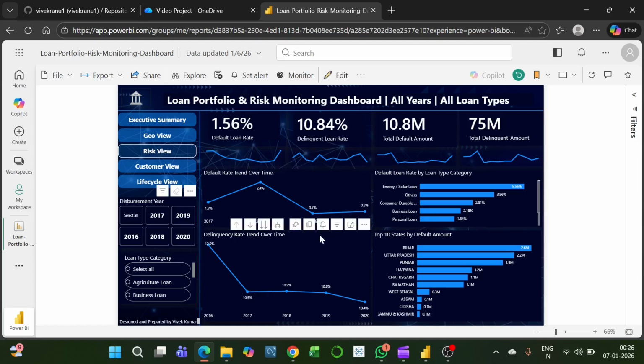An important observation is that certain loan categories, such as energy or solar loans and miscellaneous product categories, show relatively higher risk concentrations. This insight can directly support tighter credit policies, first. Second, revised underwriting norms. Third, targeted collection strategies. Rather than reacting after defaults happen, this view enables proactive risk management.